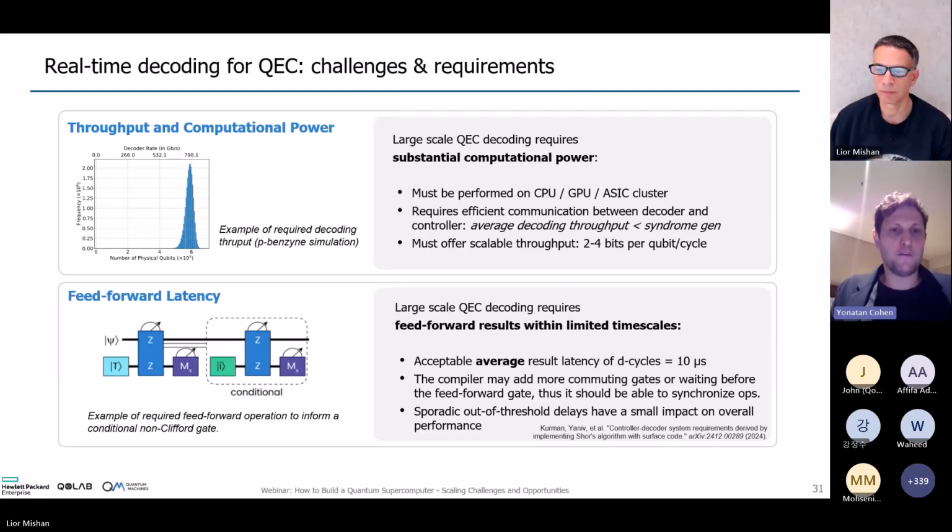Here you see results both from 1QBit and from our research at Quantum Machines on the throughput that's needed and the feed-forward latency that's needed, for example, in large-scale quantum error correction. And that's how these are the requirements on which we're basing the interface to the decoder. So for instance, with feed-forward, you need to be able to close the quantum classical loop within 10 microseconds, and that's where we're going with this low latency link to the CPU GPU platform.